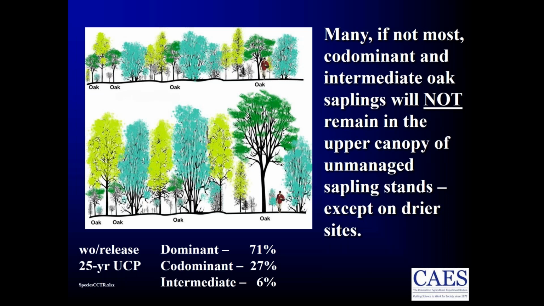If you go into a stand right at canopy closure, 10 to 15 years, 71% of the dominant oaks are going to remain in the upper canopy, but only 27% of the codominant oaks are, and only 6% of intermediate oaks. So if you don't release codominant oaks, 3/4 of those are going to fall out.